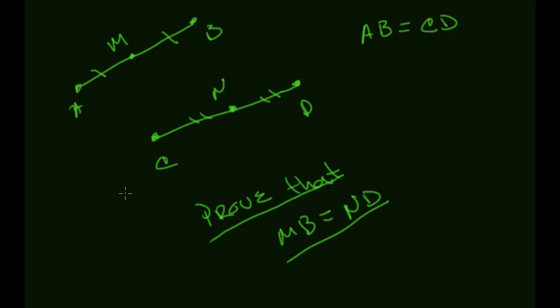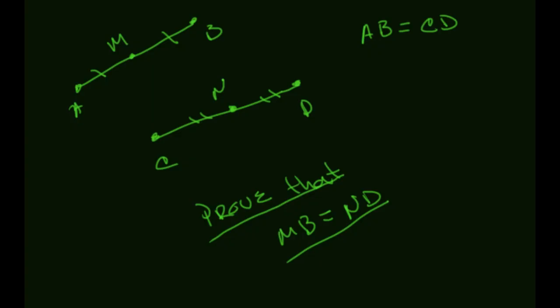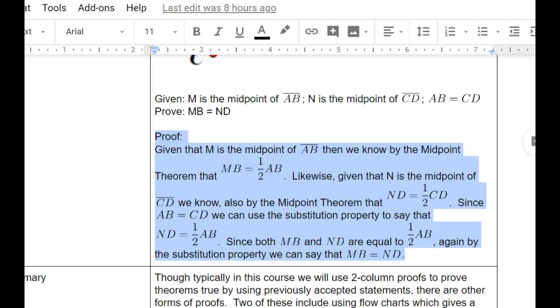So MB was half of AB, ND is half of CD, but since AB is equal to CD, that was in our givens, we can use the substitution property.